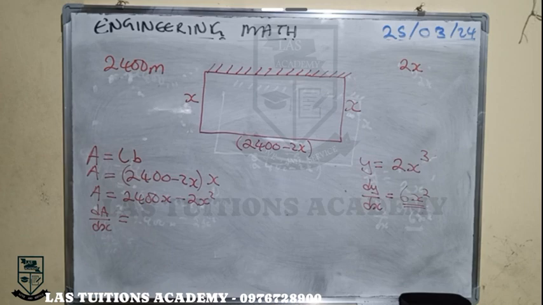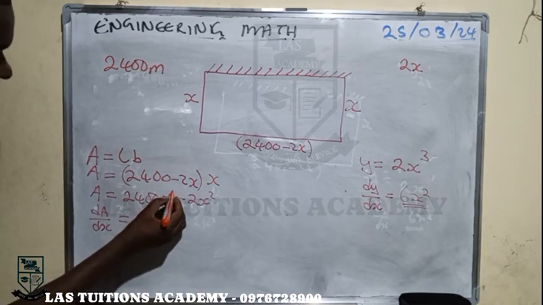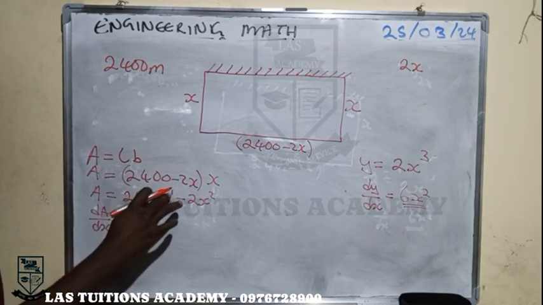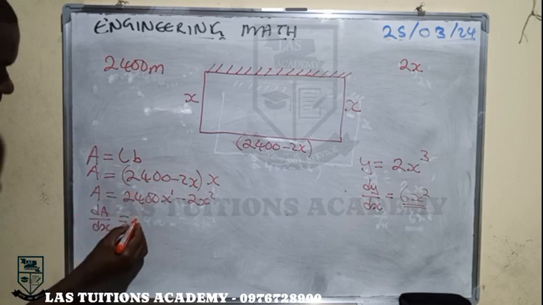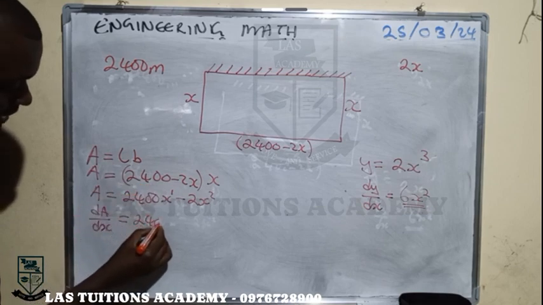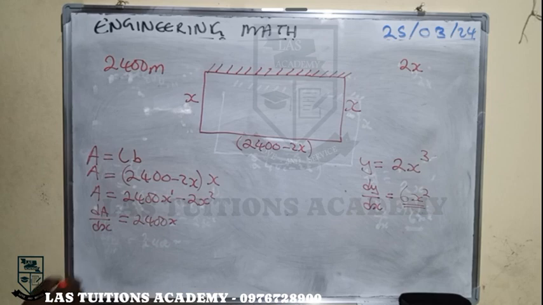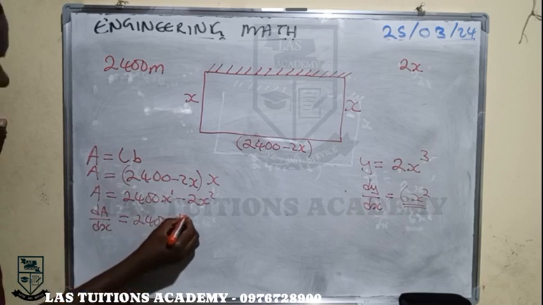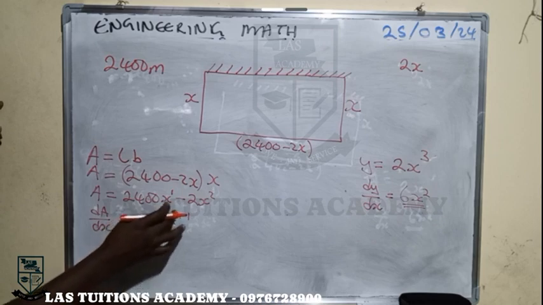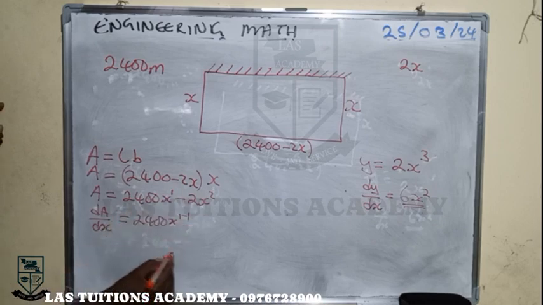So here, the power is 1. So when we multiply 1 times 2400x, we get 2400x. Now, since the power is 1, we need to subtract a 1. So 1 minus 1, we get x to the power 0. x to the power 0 is the same as 1.